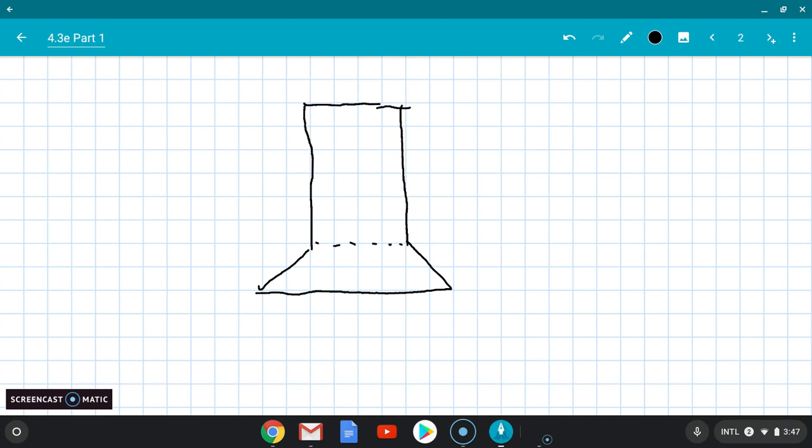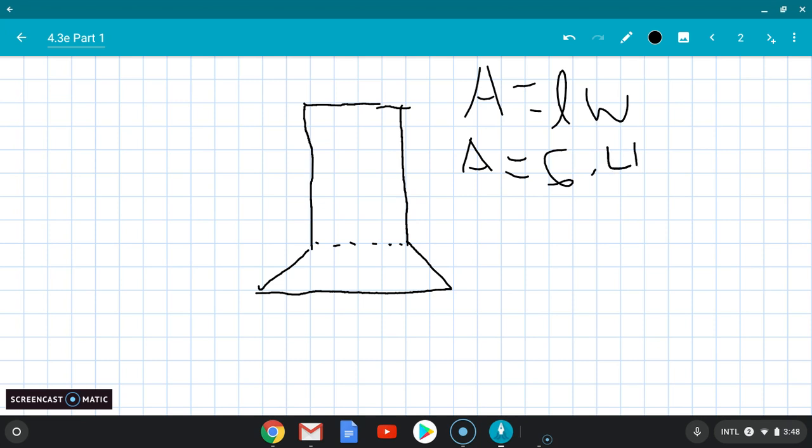If you recall, area of a rectangle is length times width. In this case, our rectangle is 1, 2, 3, 4, 5, 6 grid squares, so we'll call that our length. So we'll say area equals 6 times 4 grid squares wide.